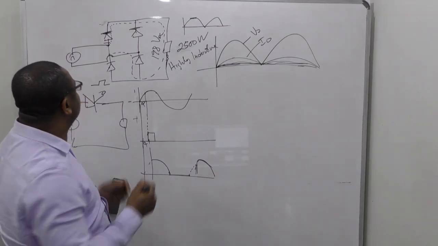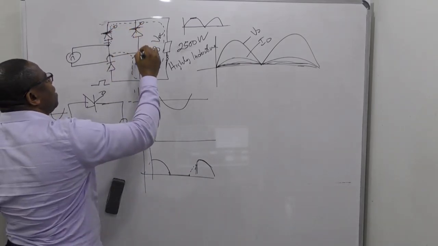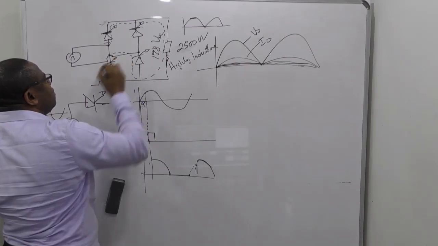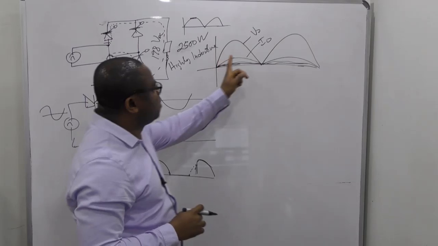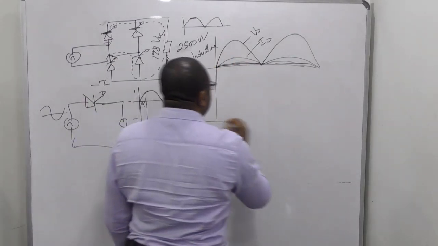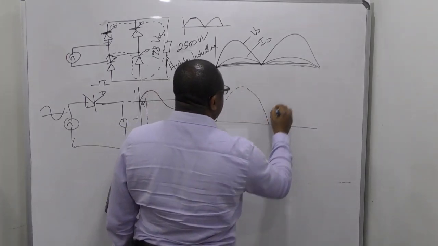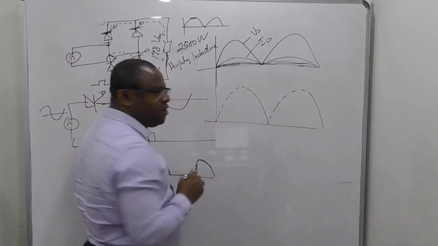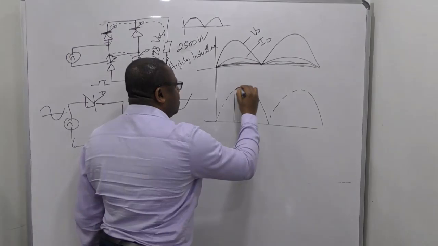So if I replace the diodes with a controlled rectifier, the output can change. Instead of looking like that, depending on the firing angle, we can have something like this.